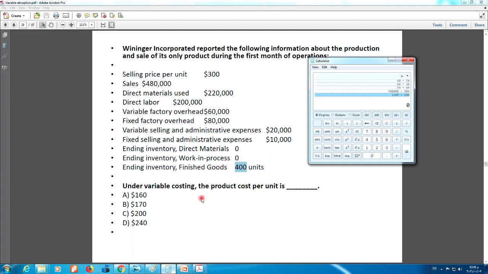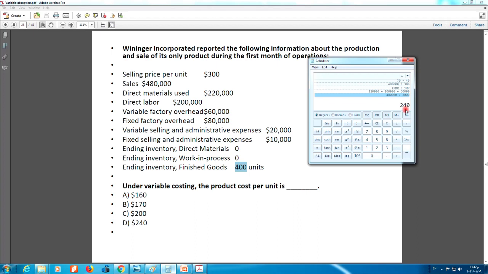We need to calculate the variable manufacturing cost per unit. So we calculate first the total variable manufacturing cost, direct material used, direct labor, variable overhead, plus the rest, 480,000 divided by the 2,000 units total production.